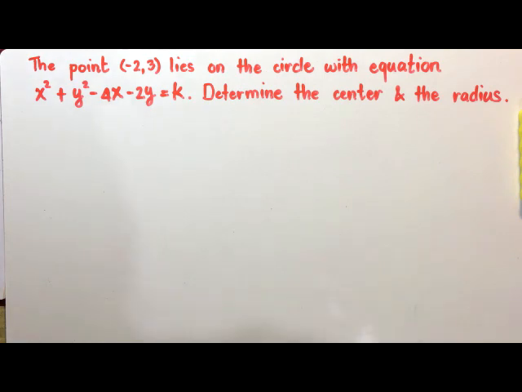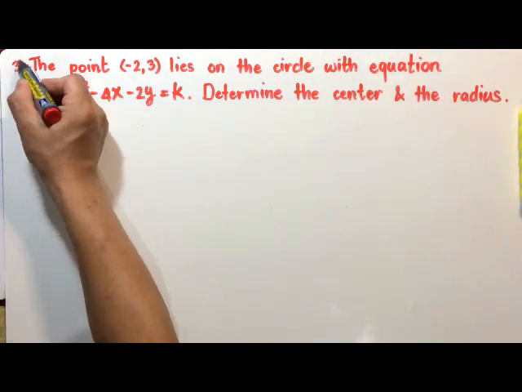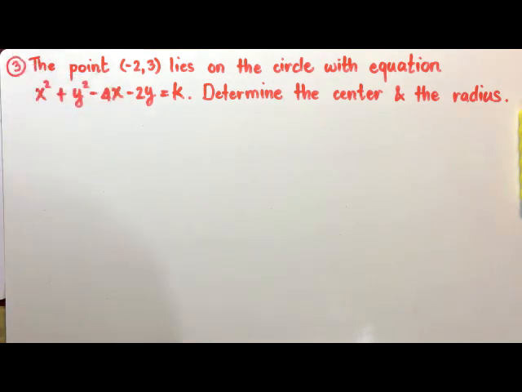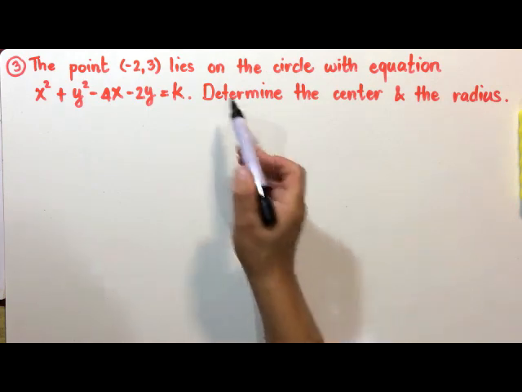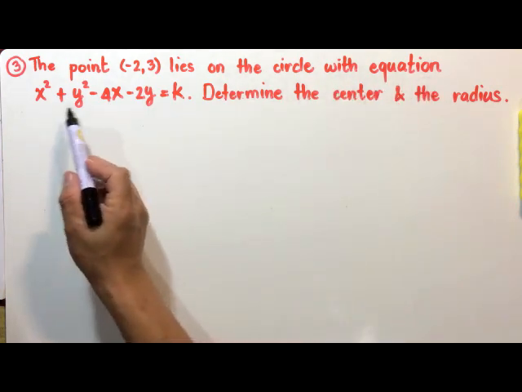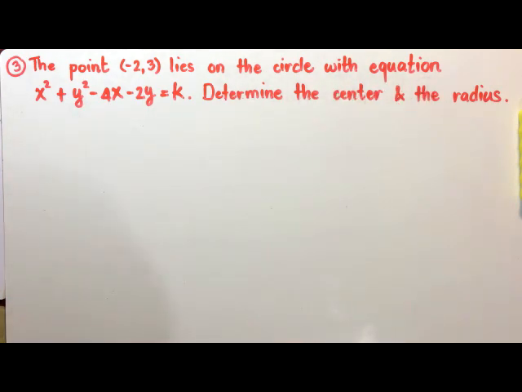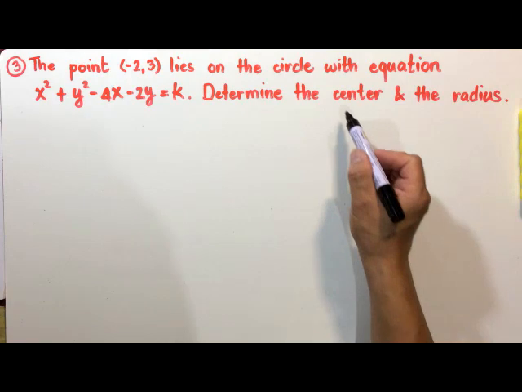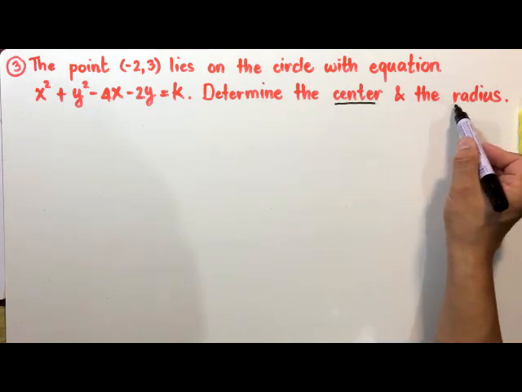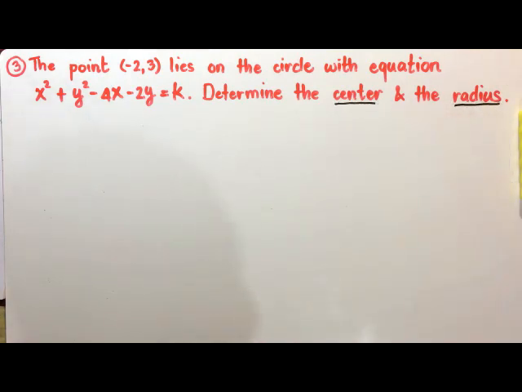So let's proceed to the number 3 problem here. So this is our number 3. The point negative 2, 3 lies on the circle with the equation x squared plus y squared minus 4x minus 2y equals k. Determine the center and the length of its radius.